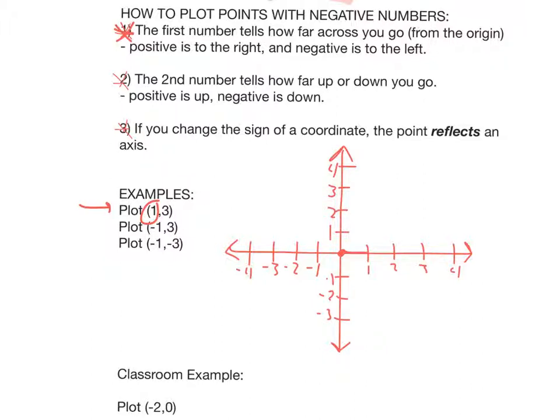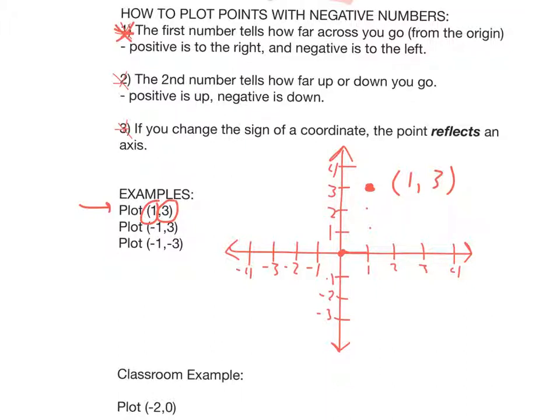So I'm going to go over this way, 1 over. Second number tells me how far to go up or down. A positive 3 means I go up 3, so I go up 1, 2, 3. Right there is my point. I can label the point. Now with coordinates, the coordinates are always put in parentheses, and so this is point (1, 3), over 1 and up 3.